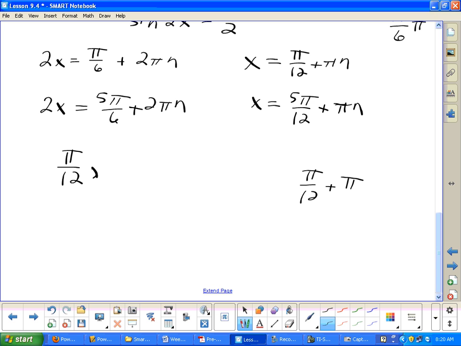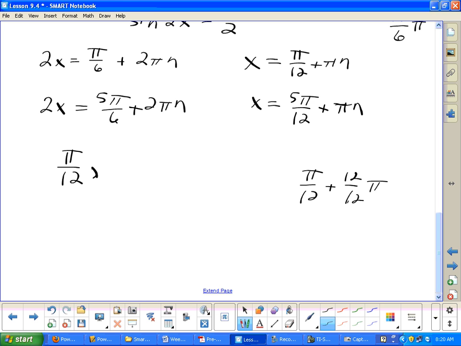What's the common denominator there? Twelve is, right? So that would be like adding 12 over 12 pi, correct?